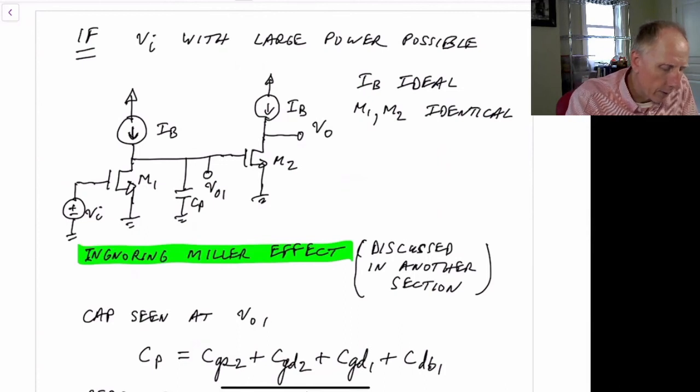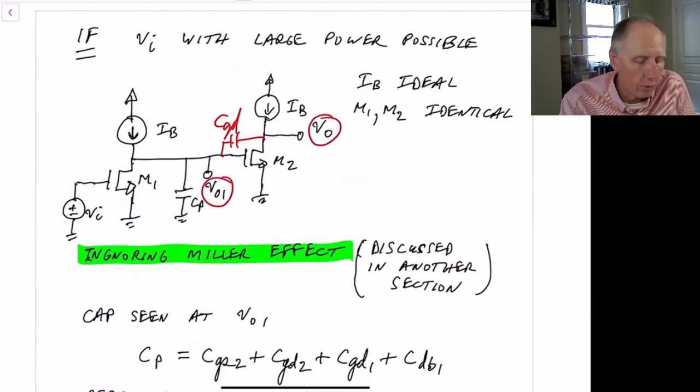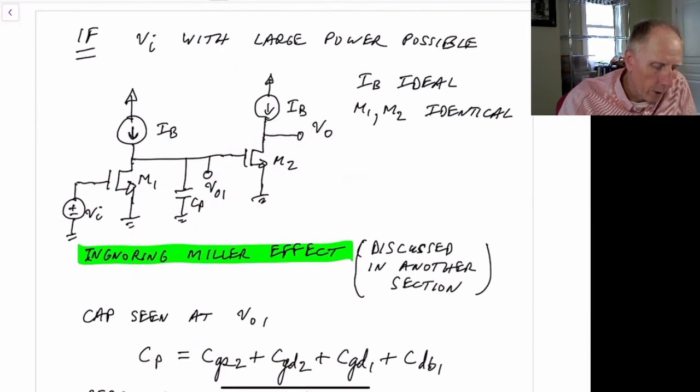It turns out that there's actually the capacitance over here, which is CGD, and having a gain between VO1 and VO2 actually changes the effective size of CGD. But we're going to ignore that effect and just assume that Vout is not making that difference, and we'll just consider it a ground at this point, just to approximate it, because we haven't studied the Miller effect yet. We'll look at that in another video.